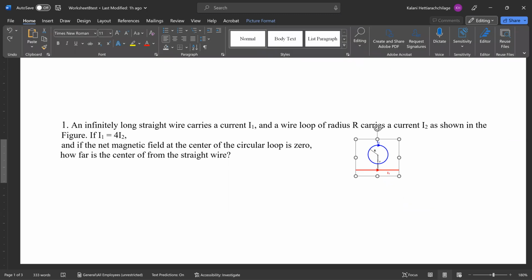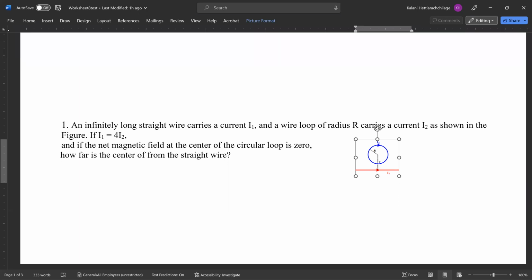Okay, so we have a straight wire in red and the current is labeled as I1 in the diagram, and a loop of radius r with current I2, and I1 equals 4 I2. The connection between these two is given. Now my question is, if the net magnetic field at the center of the circular loop is 0, how far is the center of the loop from the straight wire?